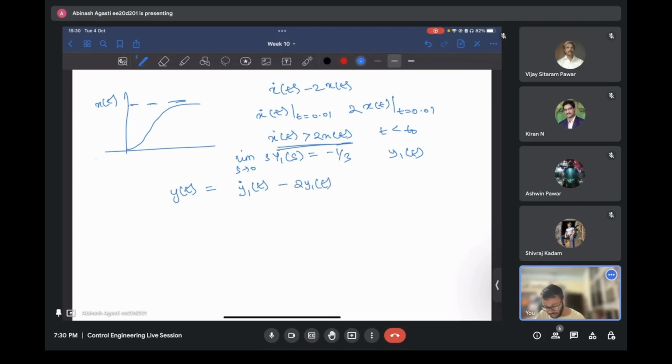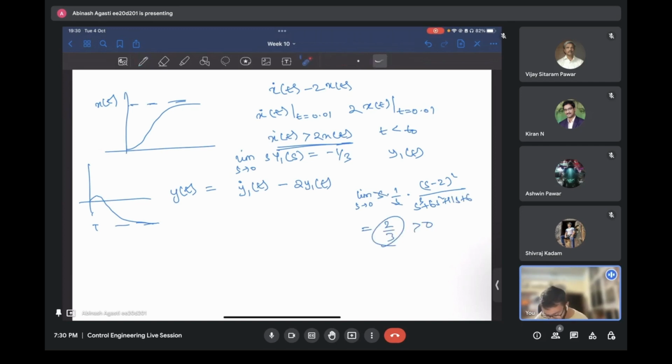Now see that y1 was something like this, and if we find out limit s goes to 0, s into 1 by s into, like this is the y of t term, s minus 2 whole square by s cube plus 6s square plus 11s plus 6. So this is cancelled. We have 2 by 3. So this is a positive term, right?